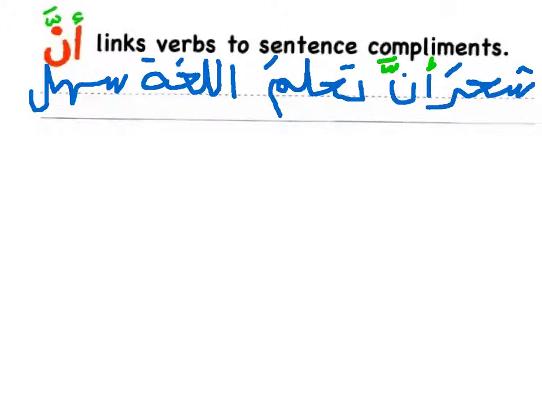As you can see, تعلم is a masdar, so أن is followed by جملة اسمية, and a جملة اسمية is a sentence that starts with a noun. مصدر is a noun. أن is followed by a noun.